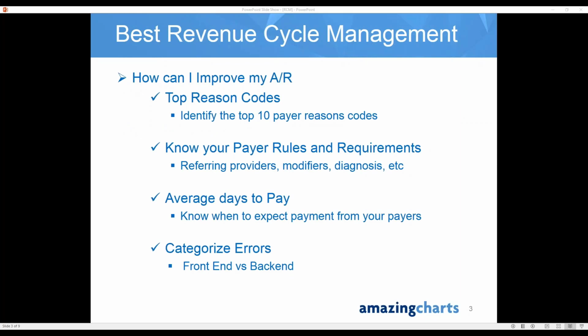So with that, how can you improve your AR, the turnaround time in which you get paid? We always recommend that you identify the top reason codes for your practice, maybe the top 10 reason codes. When your payments come back from the payers, everyone is probably familiar with the different codes that come back for contractual adjustments and patient responsibility.